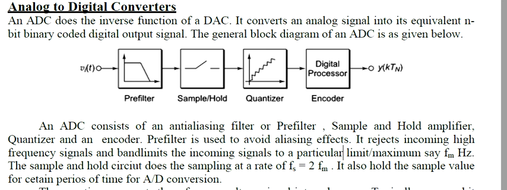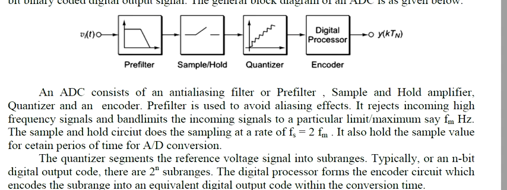Typically, for an n-bit digital output, there are 2^n sub-ranges. The encoder, the digital processor, then encodes the sub-ranges into the equivalent digital output code. This is the basic block diagram of analog to digital converters.